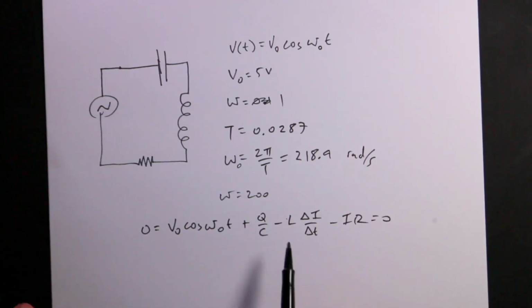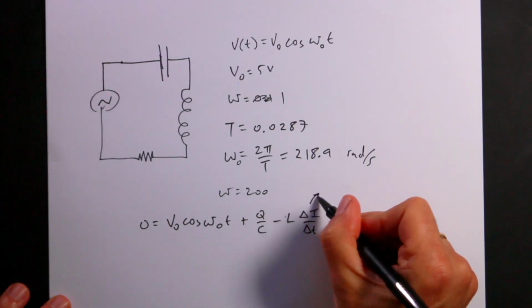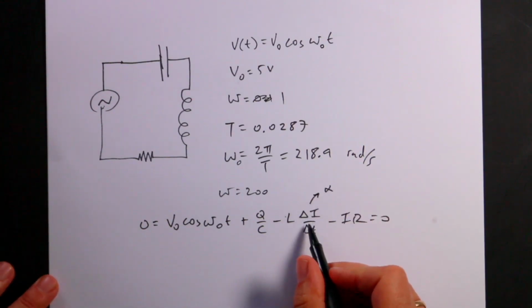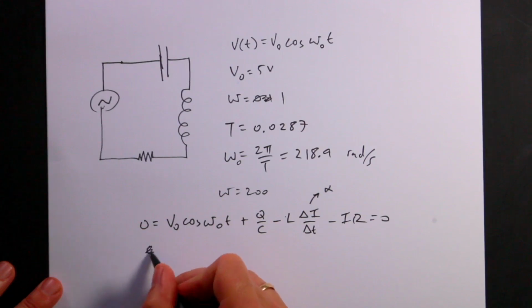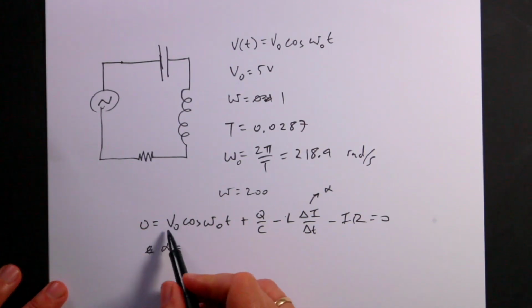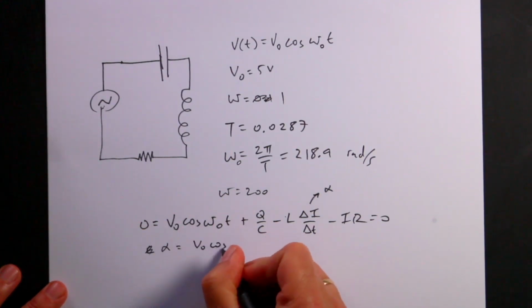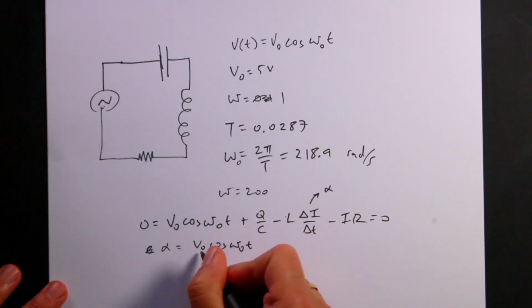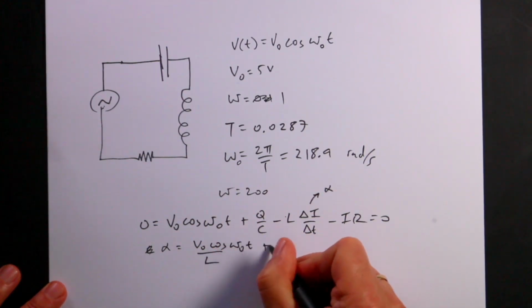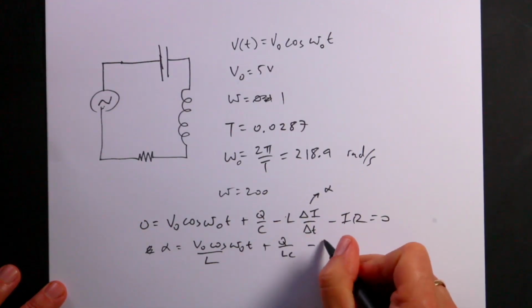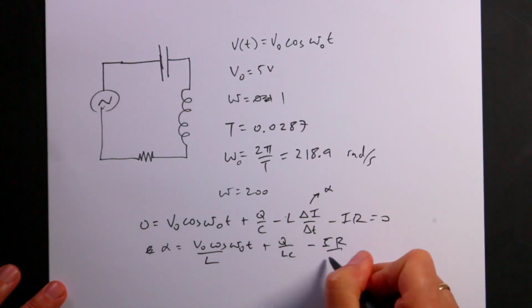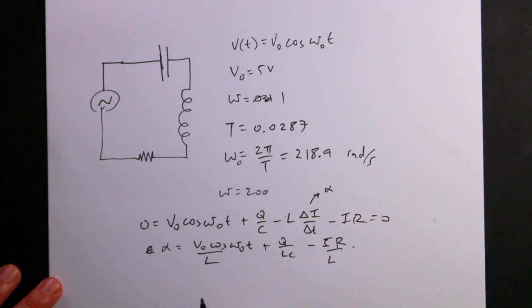In this case, I again want to substitute alpha in right here and solve for alpha. If I move this term to the other side, I get alpha equals V0 cosine omega 0 t, all of that over L, plus Q over LC, minus IR over L. And that's my alpha.